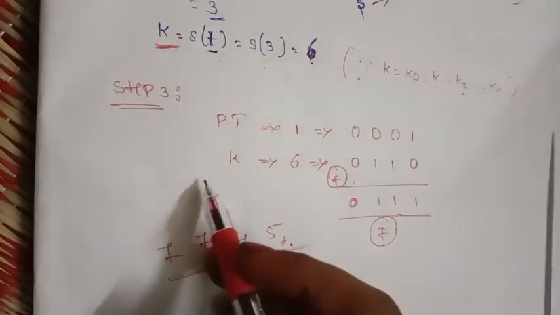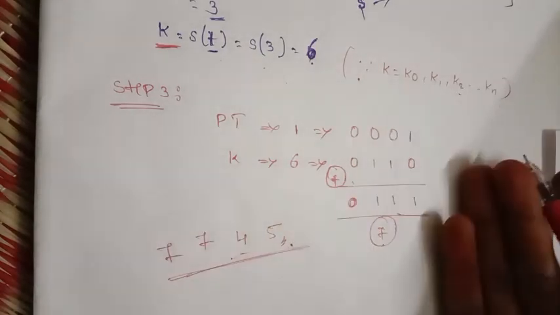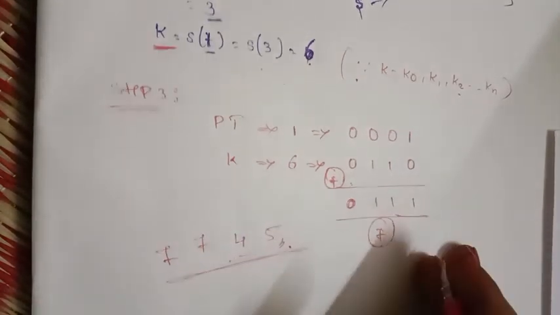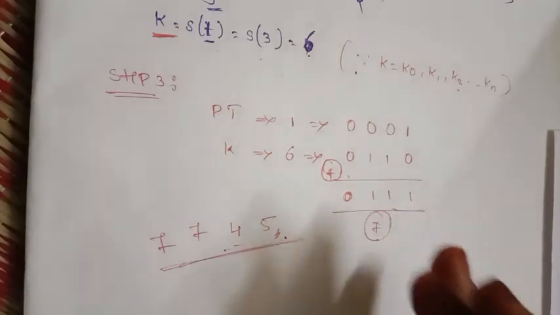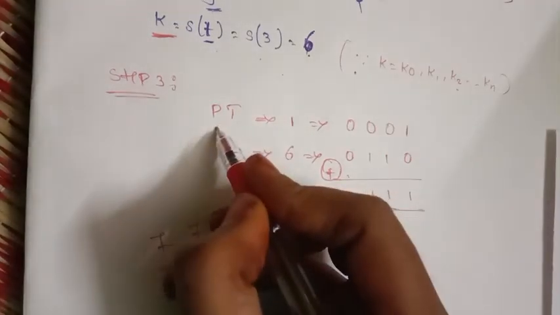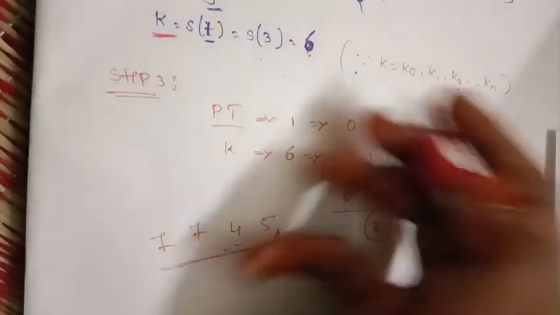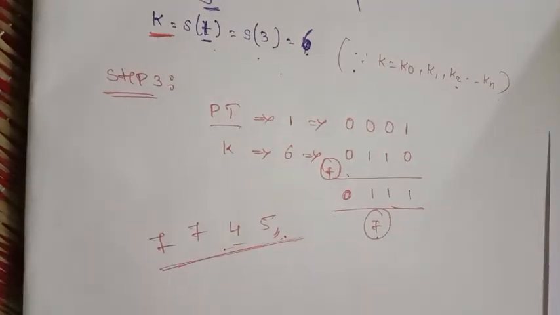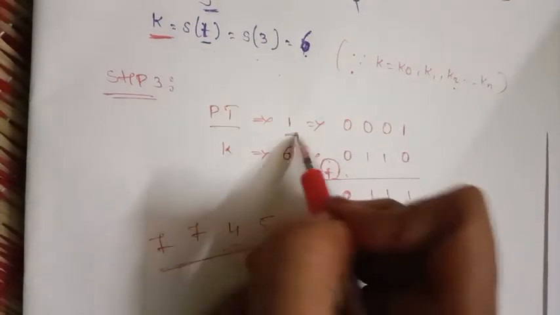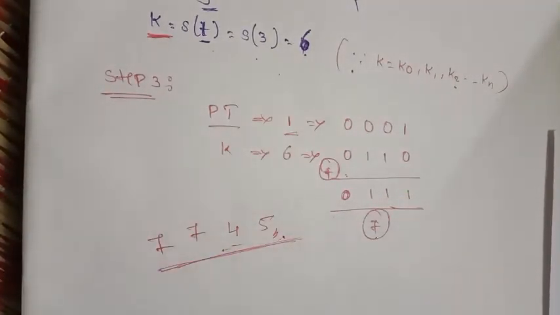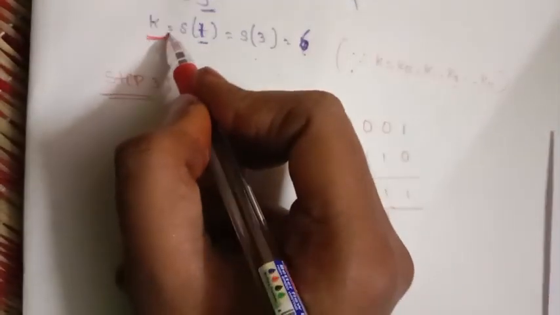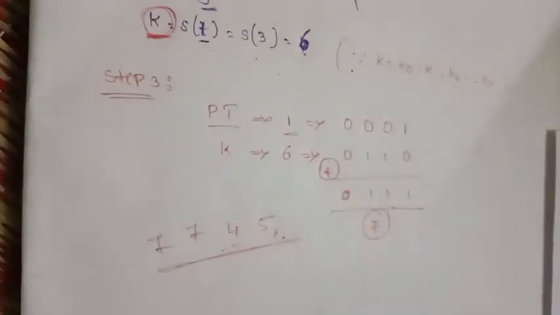In the last step you can perform either encryption or decryption, but I performed the encryption. I took the plain text bits separately, so first I took the 1 and performed the XOR operation with the key value I got in the second step.